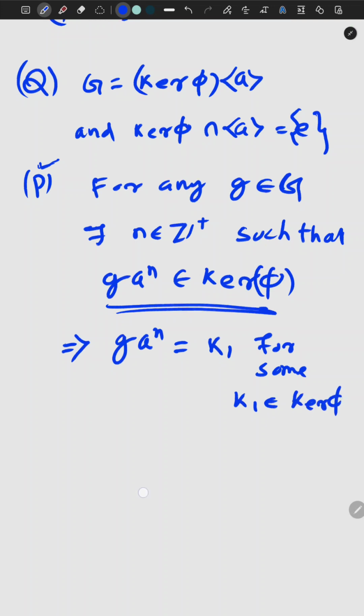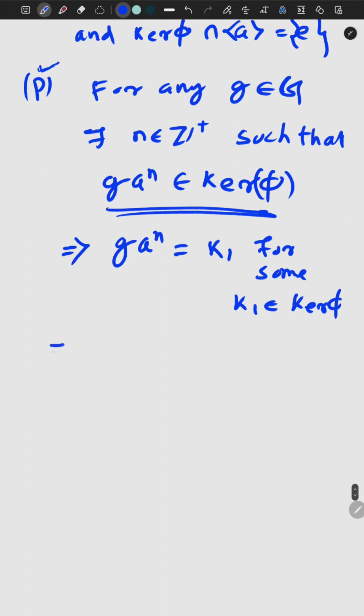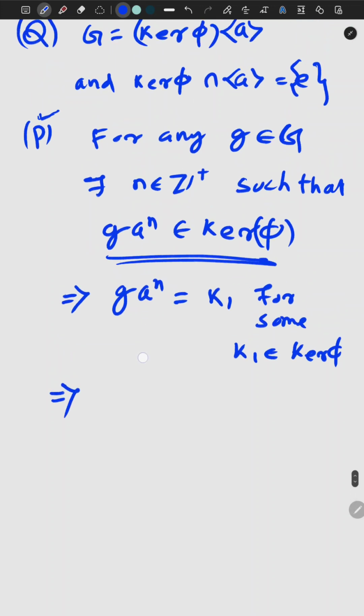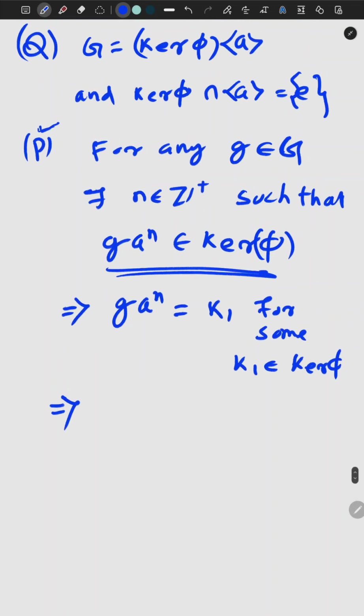From this we can conclude that g equals k1 times a to the power minus n, if we multiply a to the power minus n on both sides.